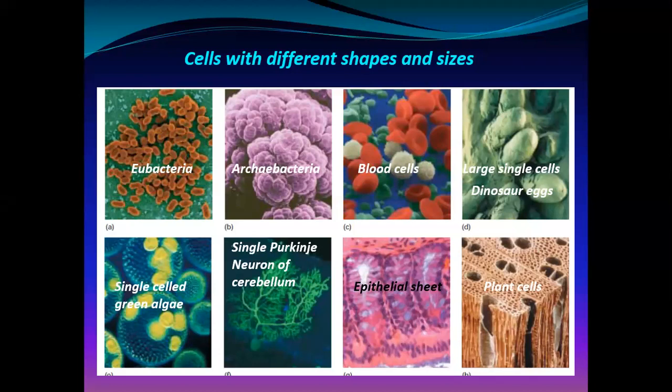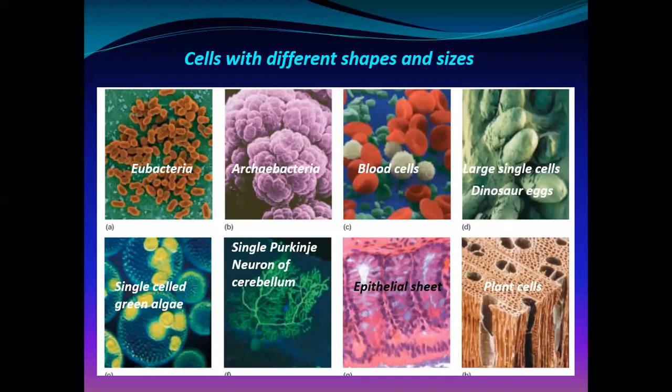You can see the first one, the eubacteria, the appearance of the eubacteria, and then the second one is the archaebacteria, and then you can see some of the blood cells, right? White blood cells and red blood cells, how they appear, platelets. And then you can see the dinosaur egg is a large single cell, right? And then the single cell green algae. And then the neuron of the cerebellum.